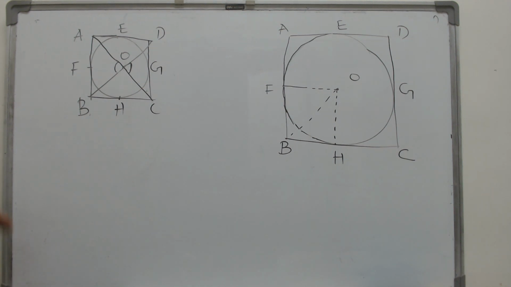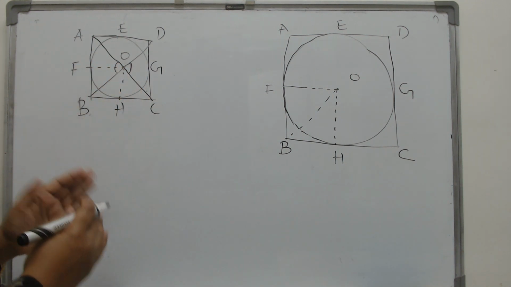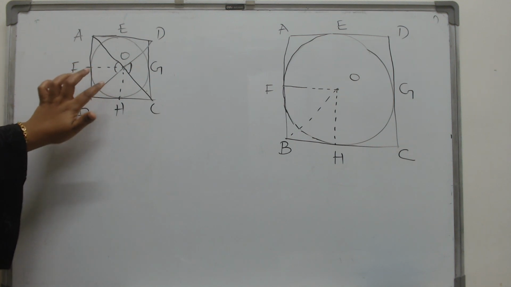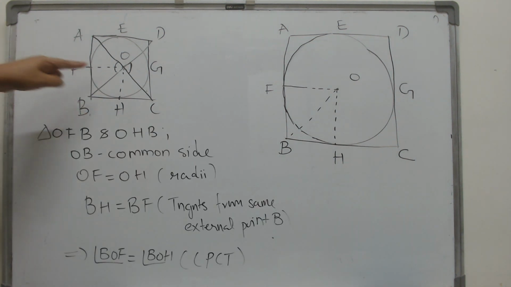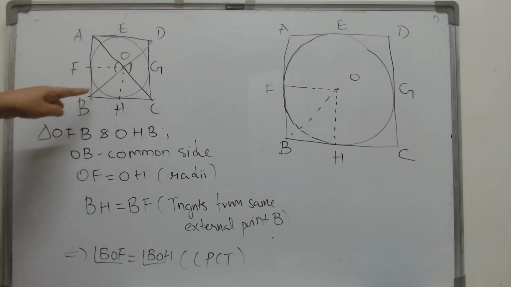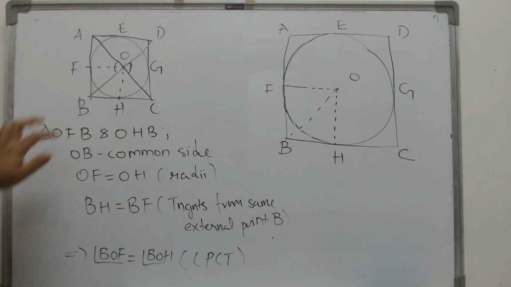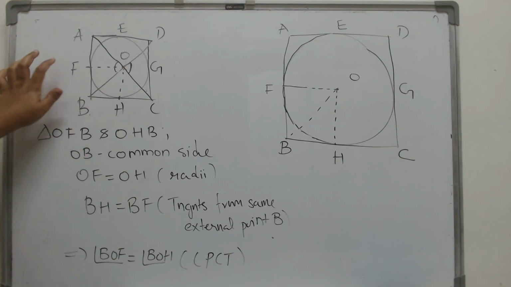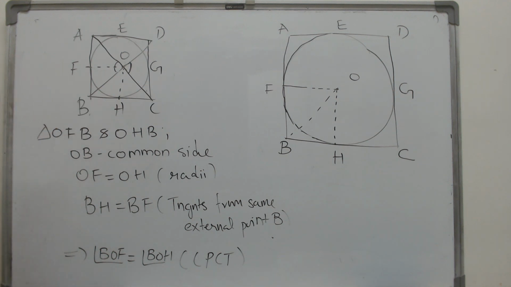How are we going to proceed? We are going to take just a quarter portion of it, which consists of two congruent triangles. How do you prove that these two triangles are congruent? You have one common side BO, OF and OH are the radii, and BH and BF are the same because they are tangents from the same external point to the same circle, which means they are equal in length, which means what?